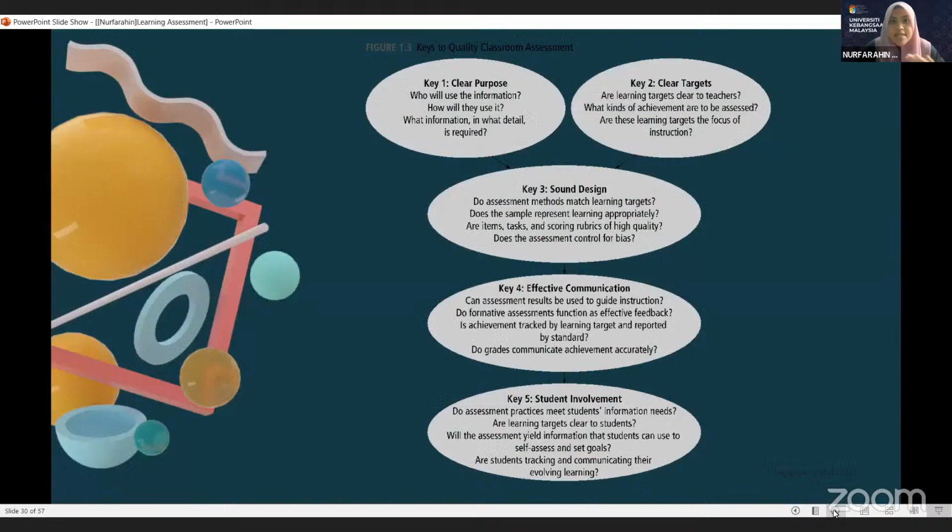These are all the five keys to quality classroom assessment: clear purpose, clear targets, sound design, effective communication, student involvement. This figure summarizes everything that we've learned about the keys to quality classroom assessment.